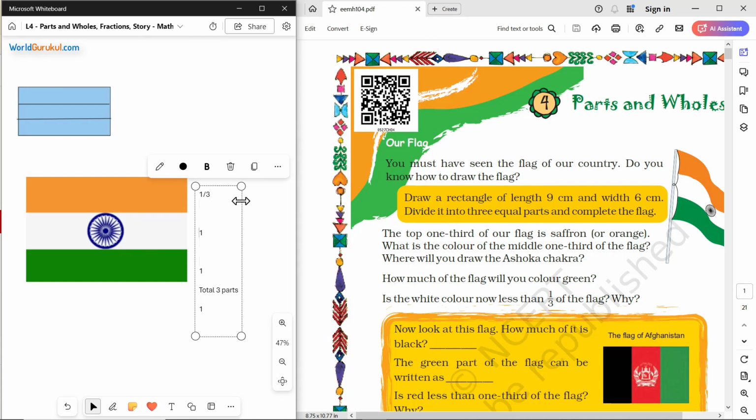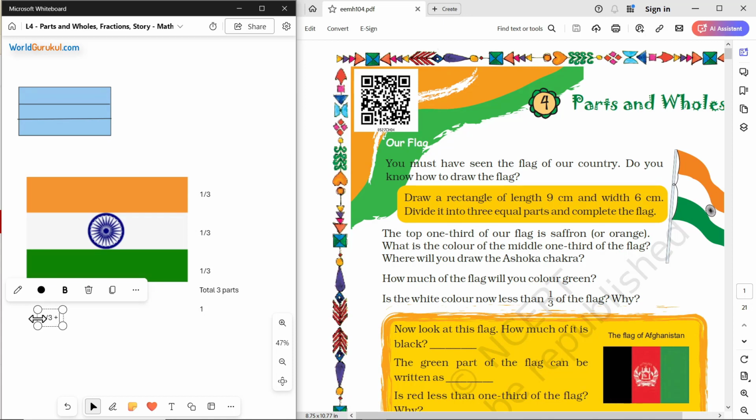This white is also 1 part of 3. And this is 1/3, 1 part of 3. So if we join 1 by 3 plus 1 by 3 plus 1 by 3, that's going to be 1. 1 is a whole and the others are fractions, or the parts we call them.